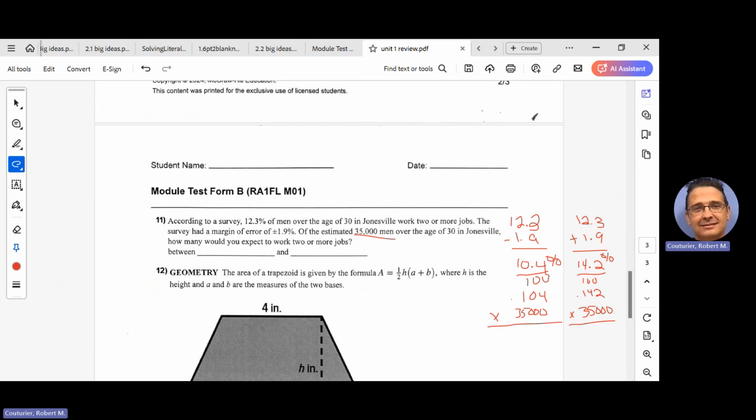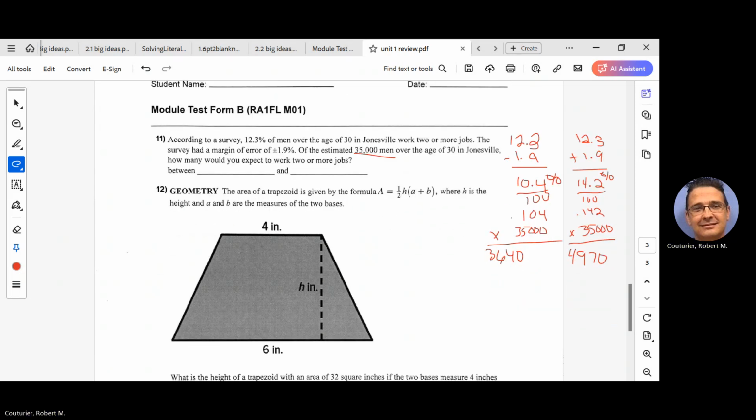Here we end up with 3,640 people. 0.142 times 35,000. You come up with 4,970. And it's important you put them in order from the smallest to the largest, okay?